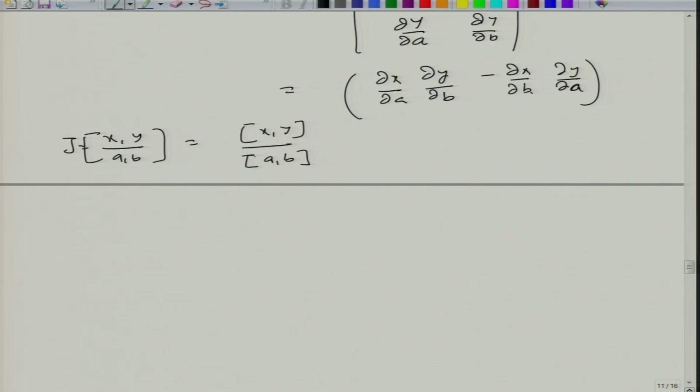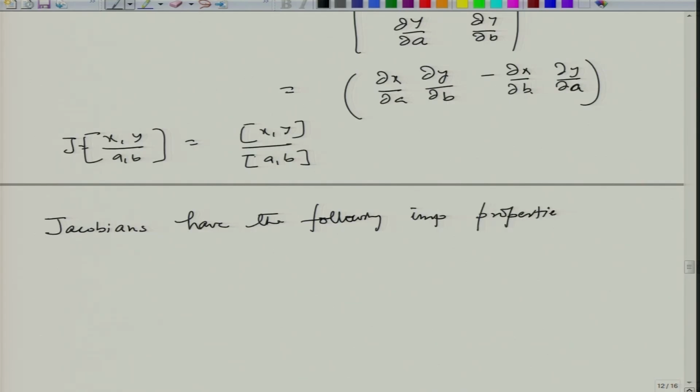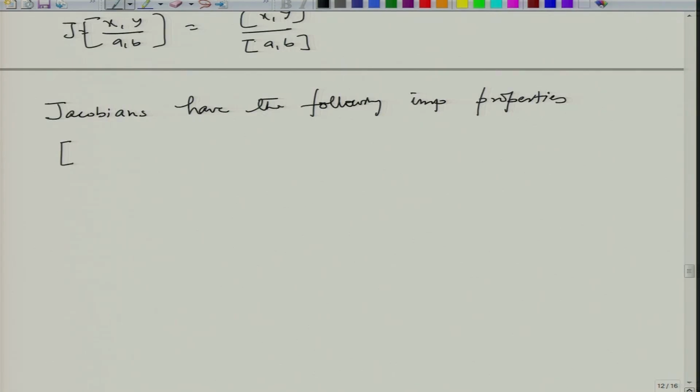So without going into the derivations in detail, I am going to just write down some of the properties of the Jacobian, and this comes directly from the knowledge of determinants, or the properties of determinants. So the Jacobian has the following important properties.